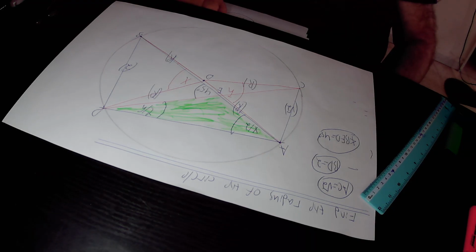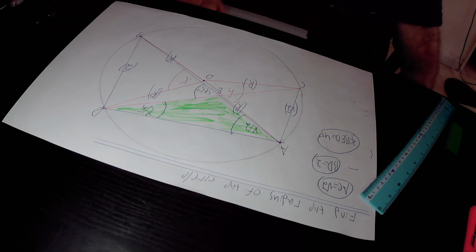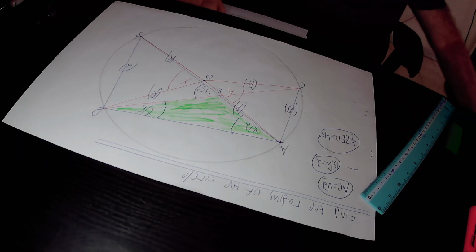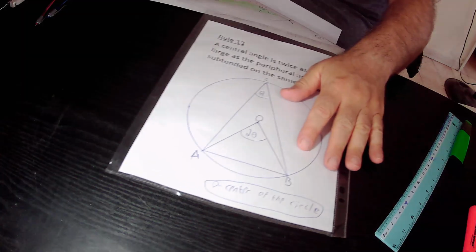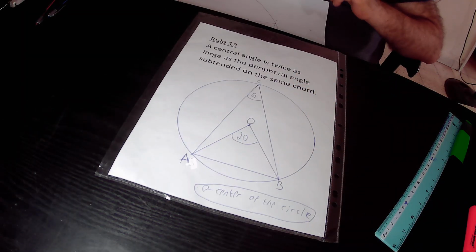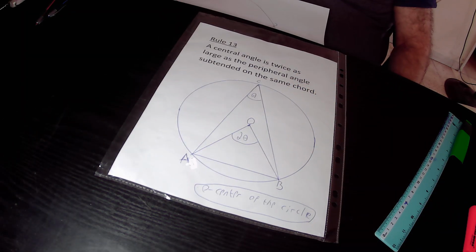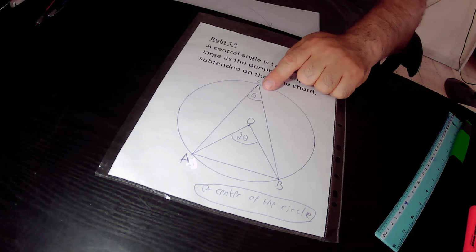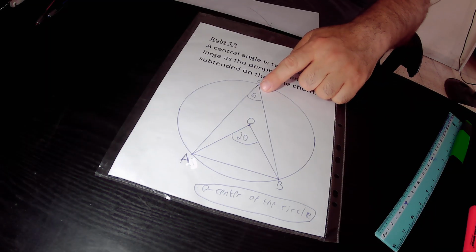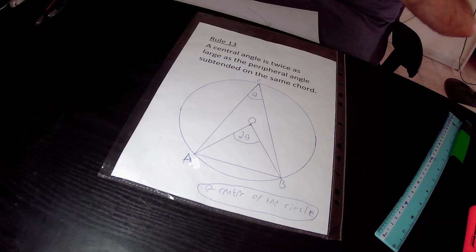So now we can implement rule 13 in our drawing. Let me repeat quickly on rule 13. According to rule 13, a central angle is twice as large as the peripheral angle subtended on the same chord. So in the drawing we have a circle, and this is peripheral angle ACB. The size of this peripheral angle ACB is theta, and it is subtended on chord AB.